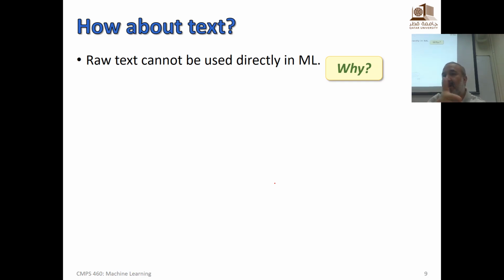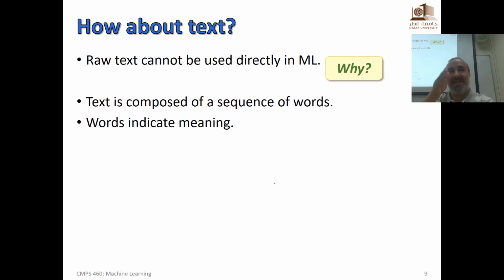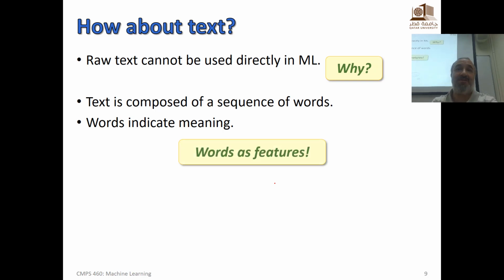What type among the types that we saw in the previous slide is text? The words. We see the text is composed of a sequence of words, and because the words indicate the meaning, we can think of words as features here.